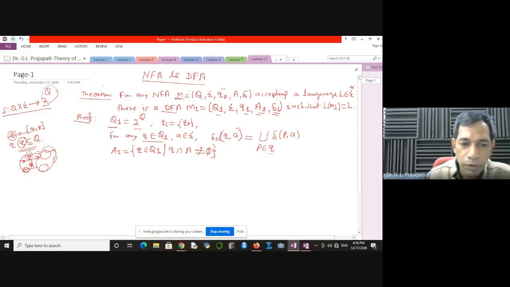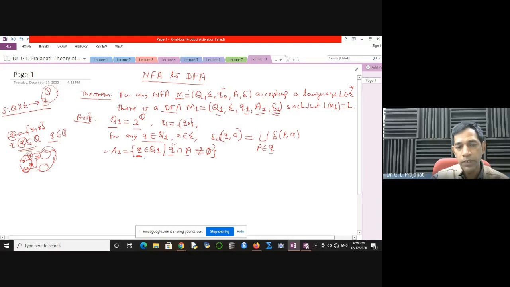This means you have to mark every subset of Q. This Q is an element of the DFA, any one state of your DFA, and it is a subset of Q, so it can have the elements of Q. If you make the intersection of this subset with the accepting states of your NFA, and it is not empty, this means there is some element in Q which is a final state in the NFA, and hence this will become a final state in your DFA.